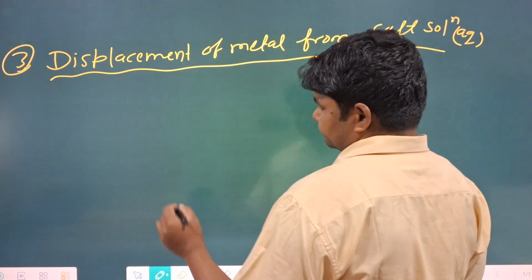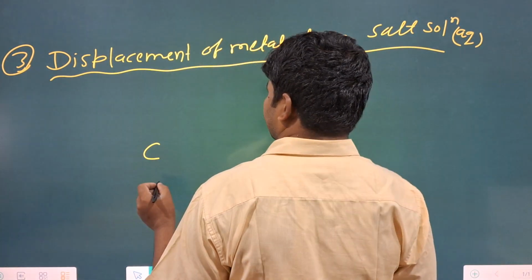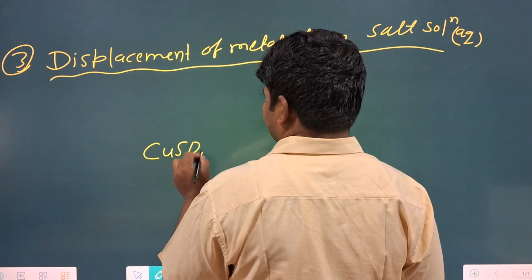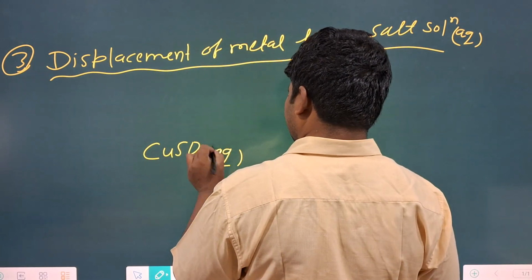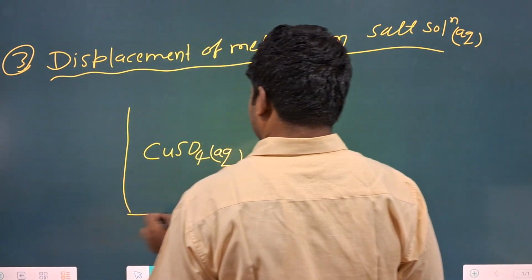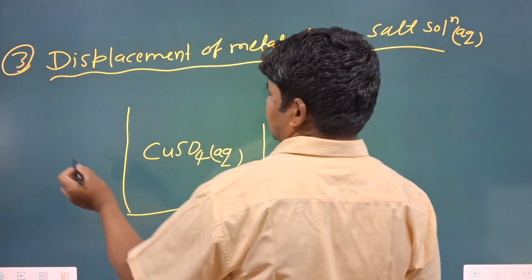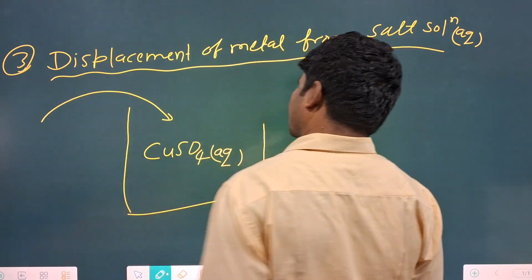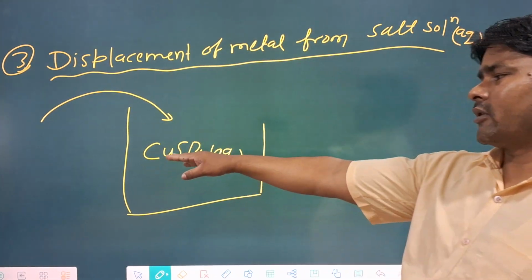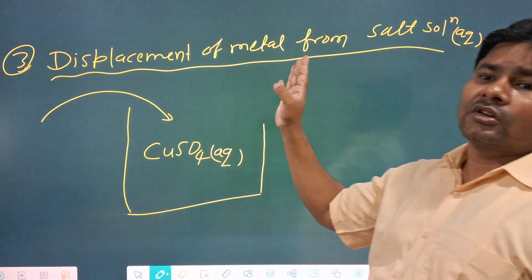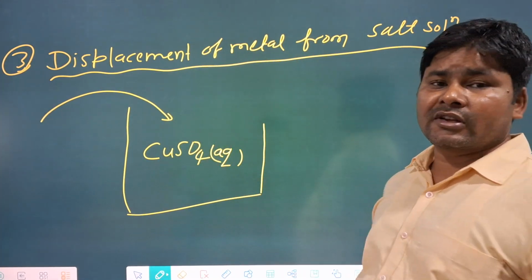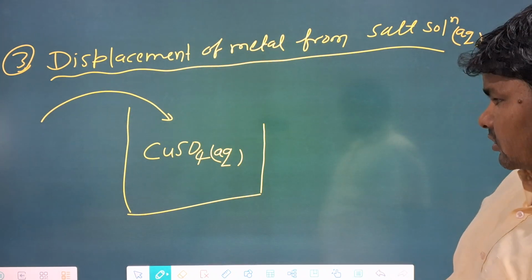If aqueous copper sulfate is taken, and then in the aqueous copper sulfate solution different types of metals are added, then which metal displaces copper more easily, or which metal cannot displace copper from copper sulfate solution.